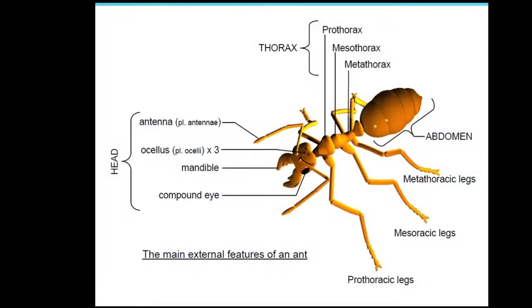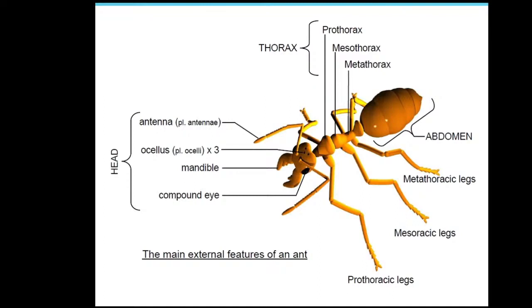So here you can see the three parts of the body of Insecta: head, thorax, and abdomen. The head contains eyes, mouth apparatus, and antennae. The thorax consists of three segments: prothorax, mesothorax, and metathorax. Each segment carries one pair of legs and two pairs of wings.